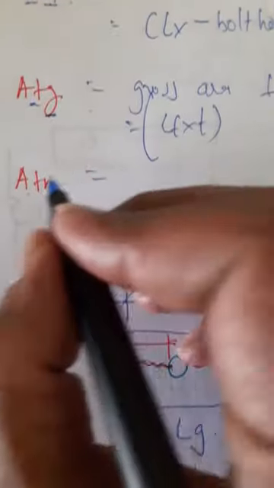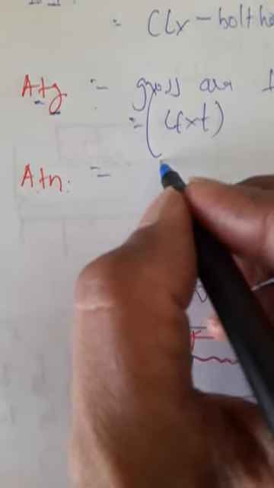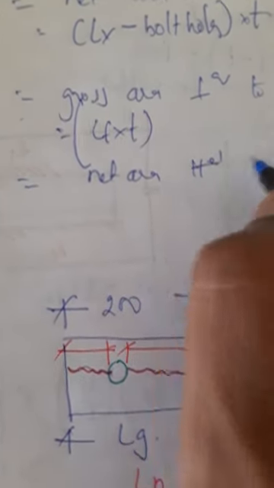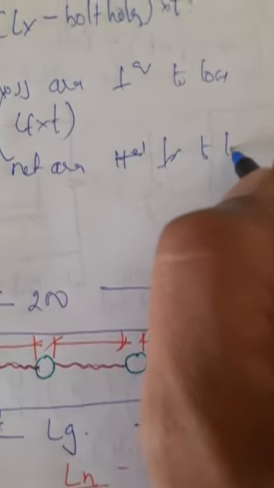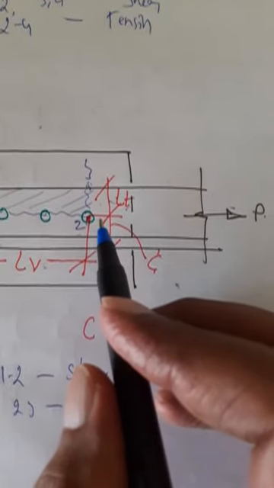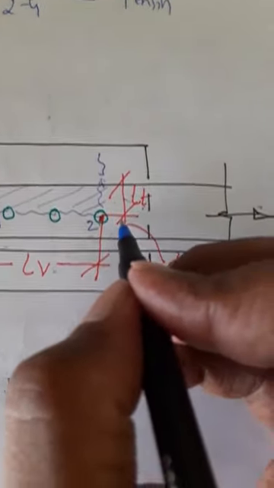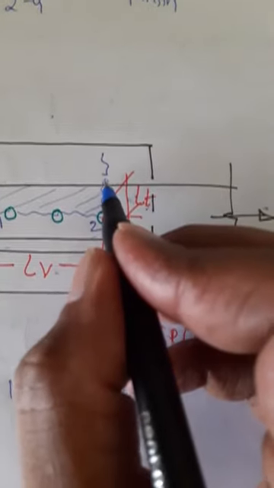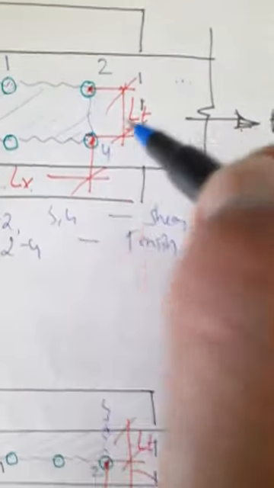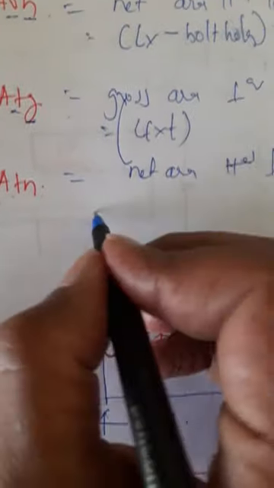Similarly ATN. T means tension, N means net. Net area perpendicular to load direction. Look here. Here LT is from the center of this bolt hole till here. Now if I subtract the bolt dia, from center to center, I get net area.